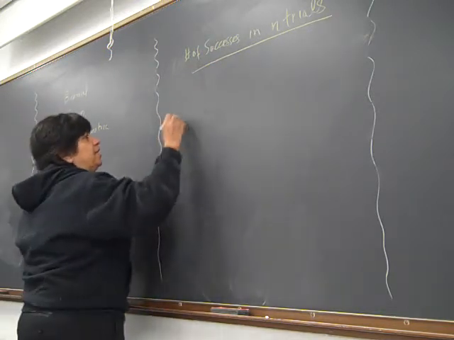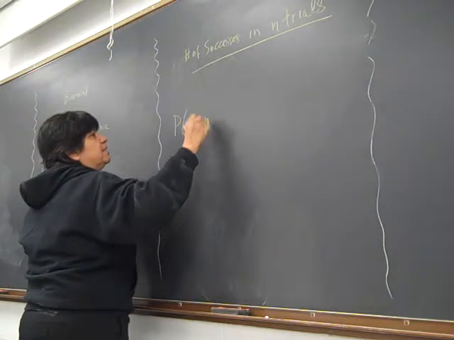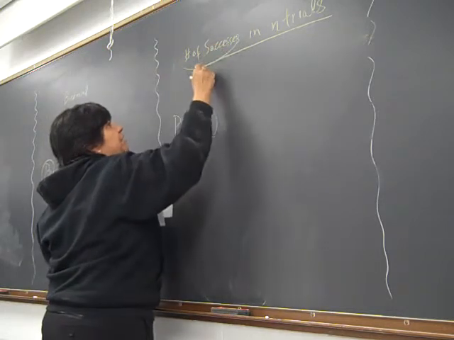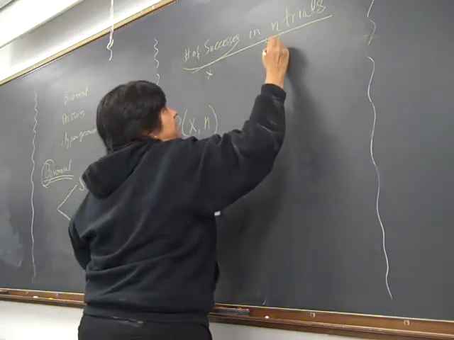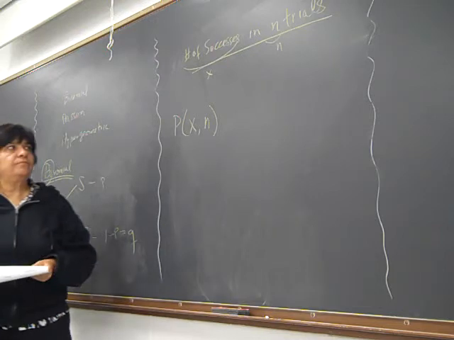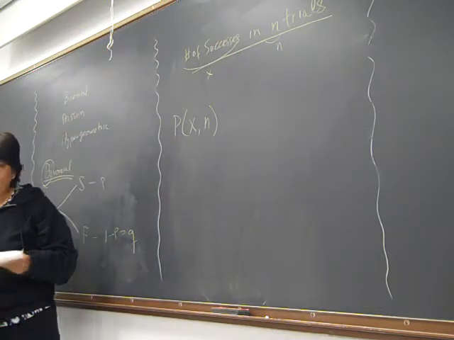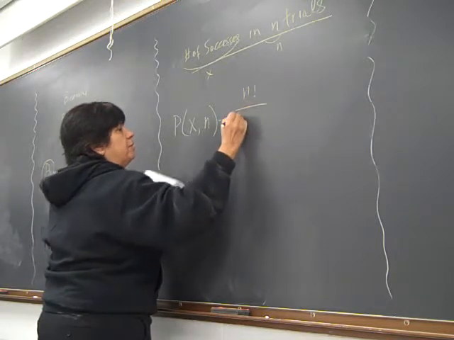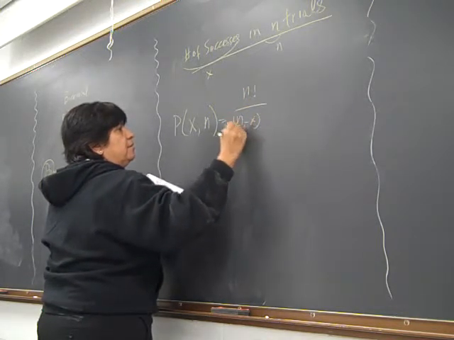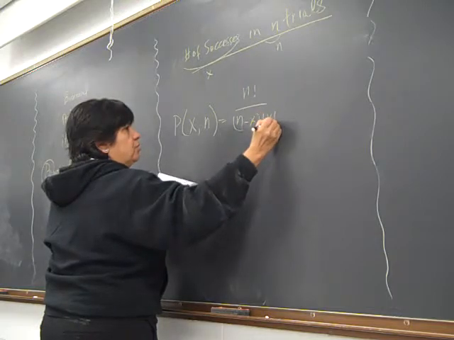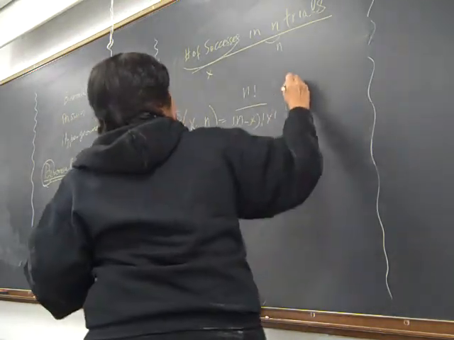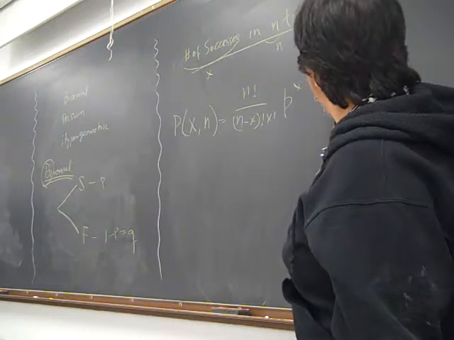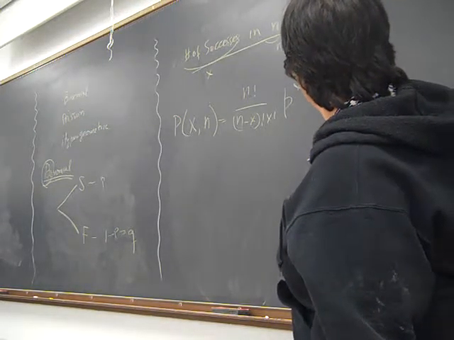That probability of x, where x is the number of successes and n is the number of trials, is equal to n factorial divided by (n minus x) factorial times x factorial, times p to the power of x times q to the power of n minus x.